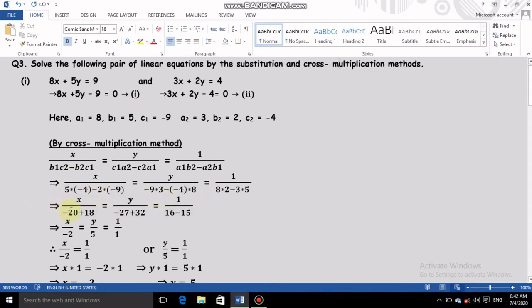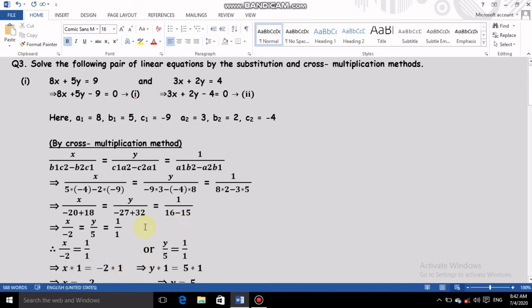x by minus 20 plus 18 is equal to y by minus 27 plus 32 is equal to 1 by 16 minus 15. Or x by minus 2 is equal to y by 5 is equal to 1 by 1. Or x by minus 2 is equal to 1 by 1, so x is equal to minus 2 into 1.